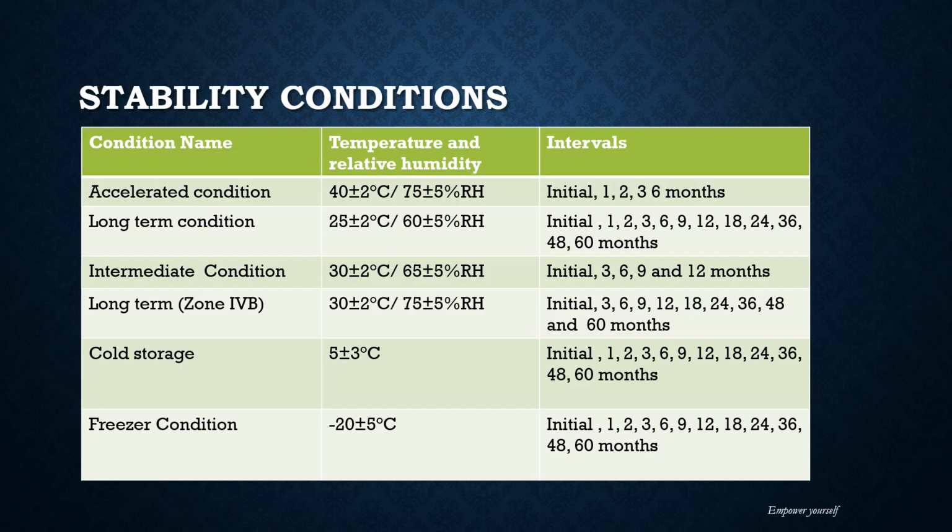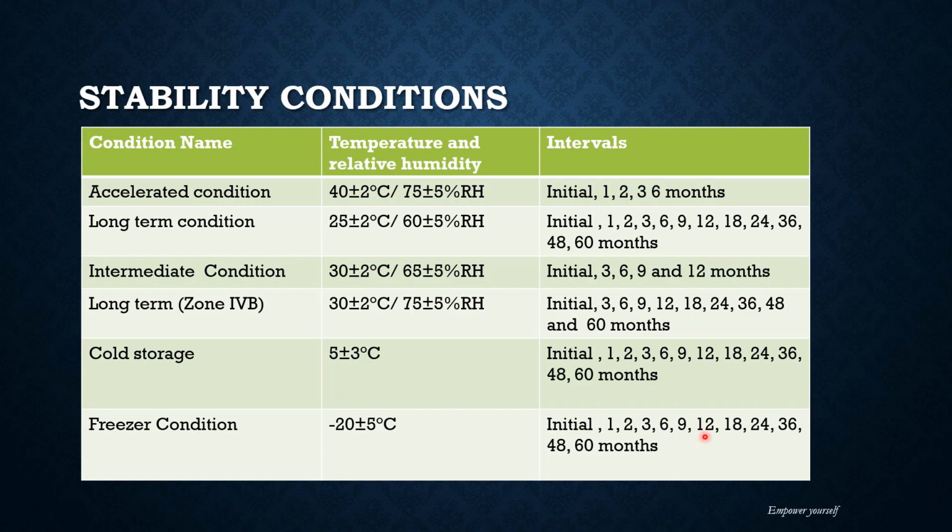To remember it easily, initially the product has to be analyzed to check whether it meets the acceptance criteria or not. Later on it has to be checked for 3 months continuously, and from there every 3 months, that is 3 to 6 months, 3 to 9 months, and 3 to 12 months.